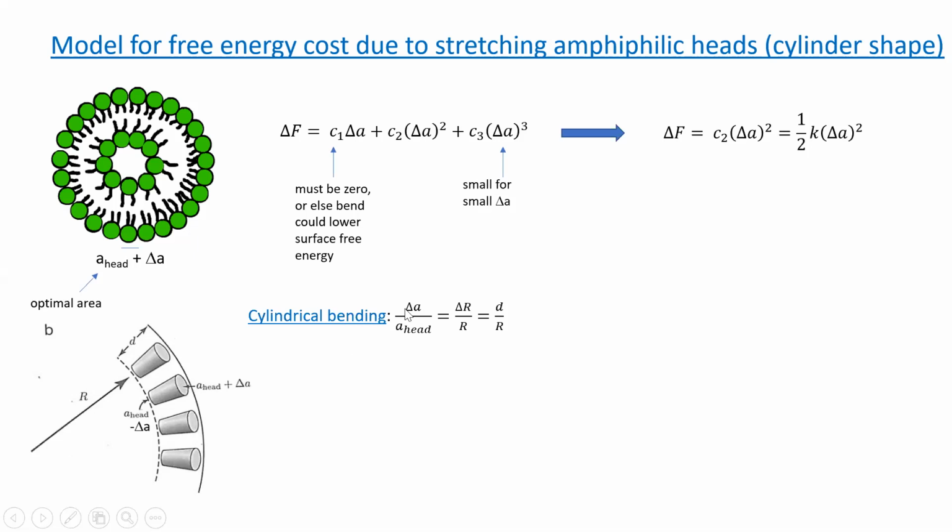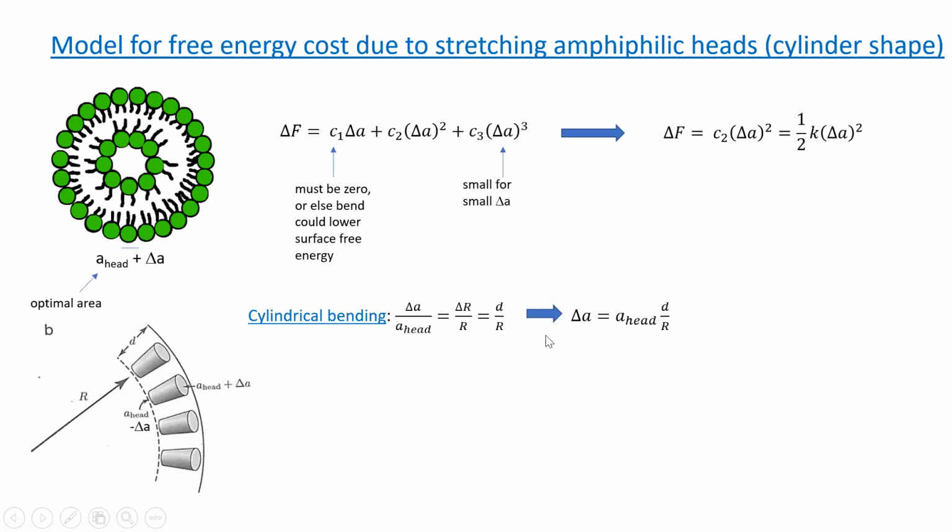So the ratio of delta A over A head is the same as the ratio of the change in this length over its initial length, which by similar triangles is the same as the difference in the length to the entire length, which is delta R over R, delta R over the initial length, which is R. And then delta R here would be D. So we can say that the ratio of delta A over A head is equal to D, the length of the hydrophobic tail, over R, the radius of the outer part of the bilayer.